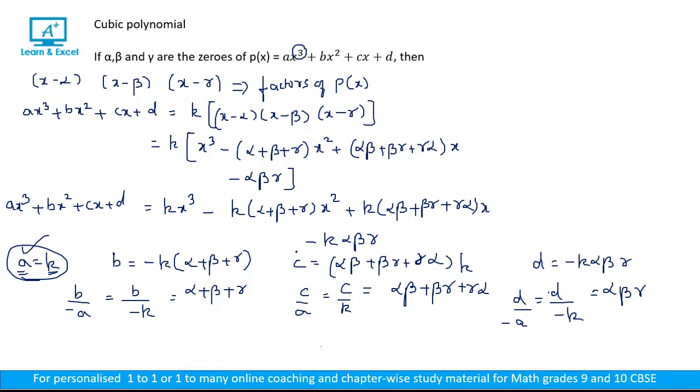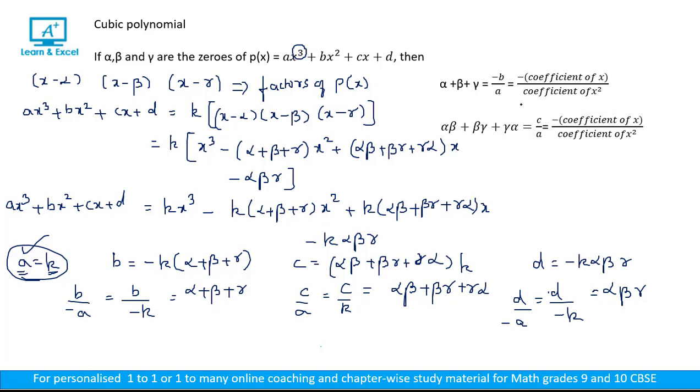So we can say that alpha plus beta plus gamma equal to minus b upon a, alpha beta plus beta gamma plus gamma alpha equal to c upon a, and alpha beta gamma is equal to minus d upon a. Now here we have seen the relationship between the zeros and the coefficients of the cubic polynomial.